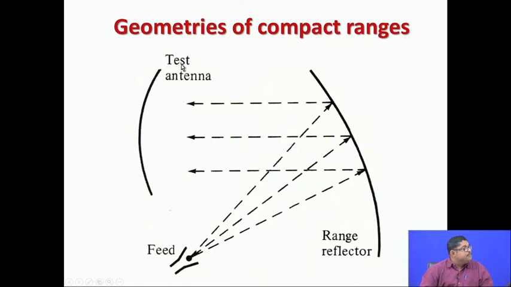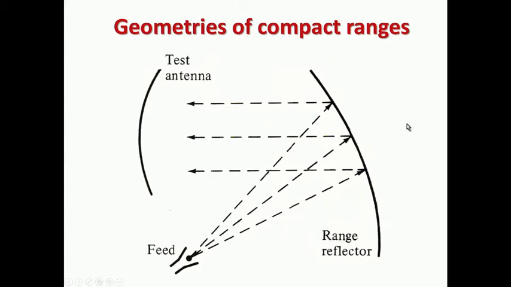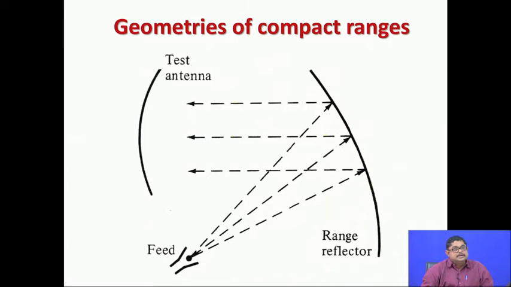So, now you can put the test antenna here. This feed antenna is illuminating, and within a very short space you can create plane waves, and the test antenna gets illuminated by this. But these are quite costly, though the modern aviation industry, the missile industry, and the aircraft industry have this type of ranges.